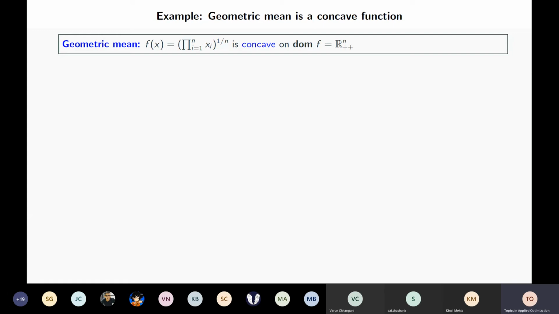And in a similar vein, there is another example where we have to prove that the geometric mean is a concave function. Okay, so it's not convex. In other words, the negative of the function is convex. A function is concave if the negative is convex.